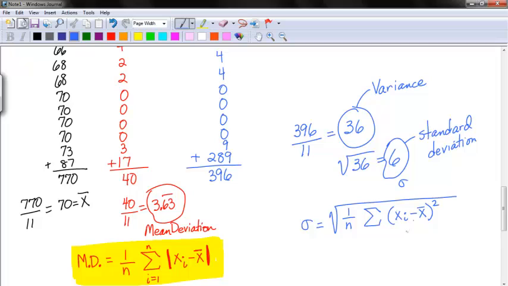We took the square of that from i equals 1 to n. So that's what we actually did when we worked that problem. We added up all the squares of the deviations, and then we divided by 11, and then we took the square root of it. Okay?